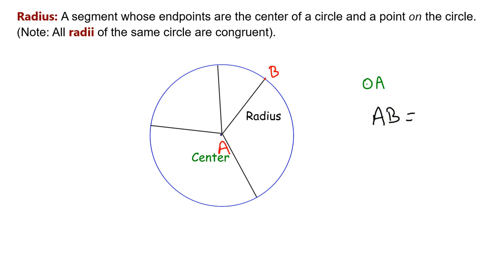AB is the radius, right? And since this is a segment, you can write it down as line segment AB with that symbolic notation. And this is a circle here. This is telling me that this is a circle whose center is A and AB is the radius.